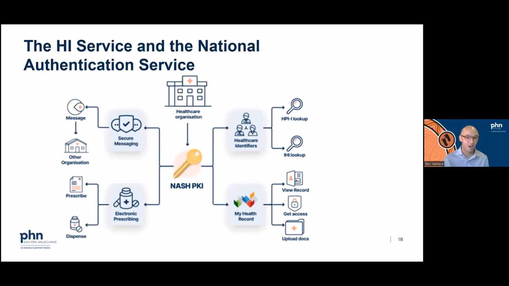Basically, NASH is a firewall used to access electronic prescribing, My Health Records, and secure messaging, and of course, the health identifier service. The reason for the change to SHA-2 was changes in the cybersecurity requirements to keep health information safe.